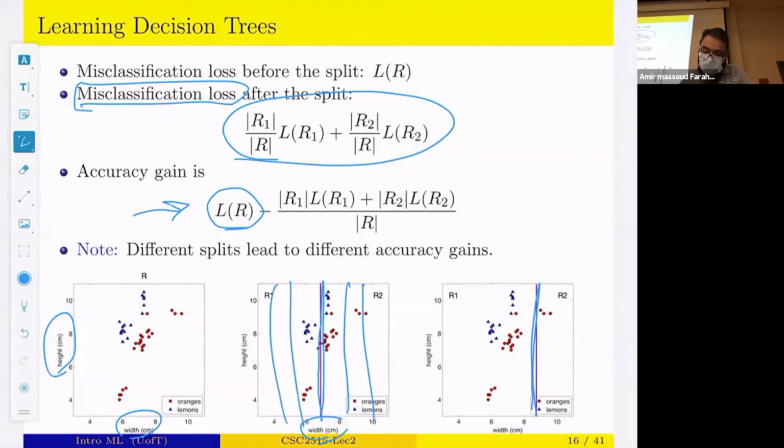So you have a lot of different possible choices for splits. This is on the width axis, but you can also do a lot on the height axis. And then you essentially do these splits and compute the information gain, and choose the one that has the maximum information gain as your split.